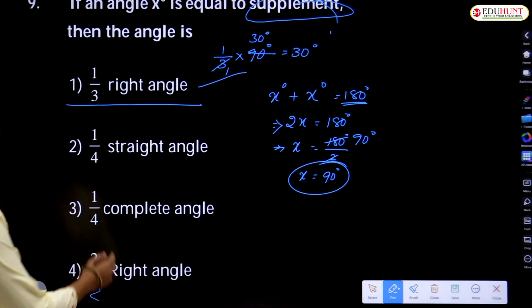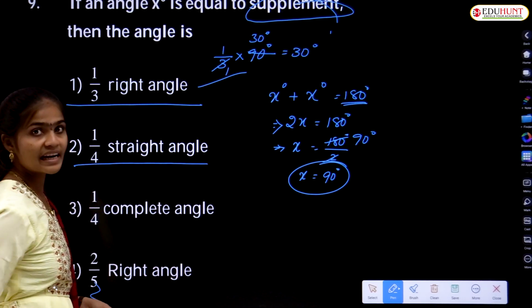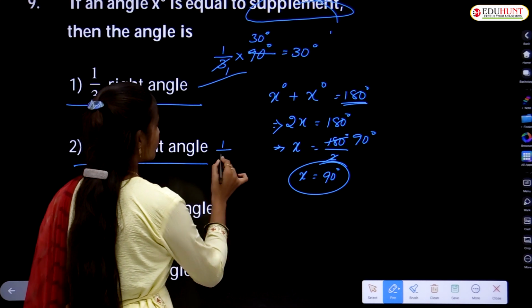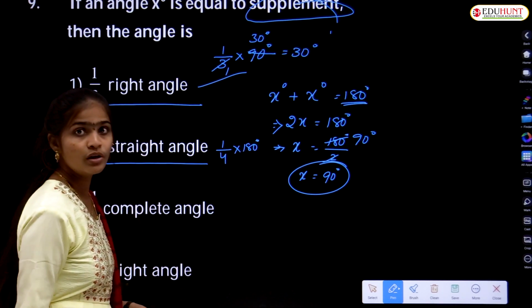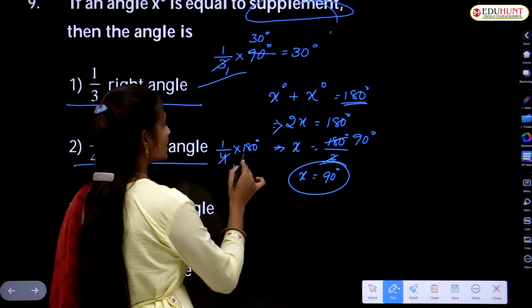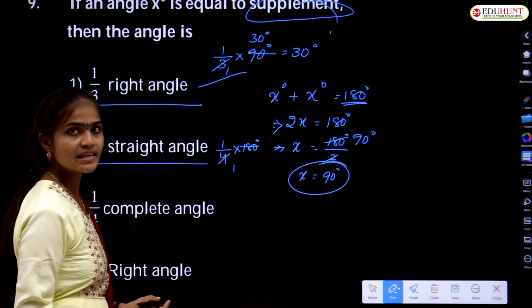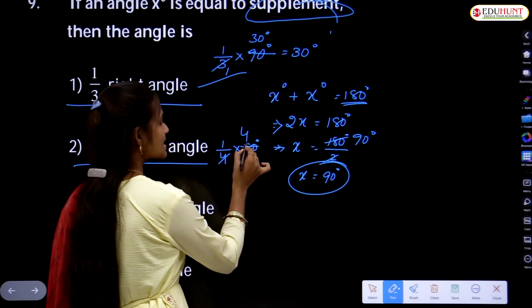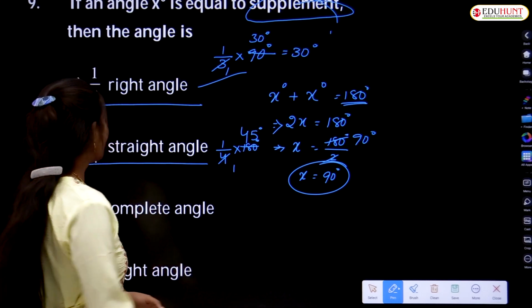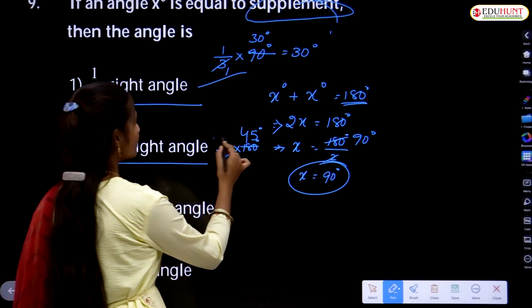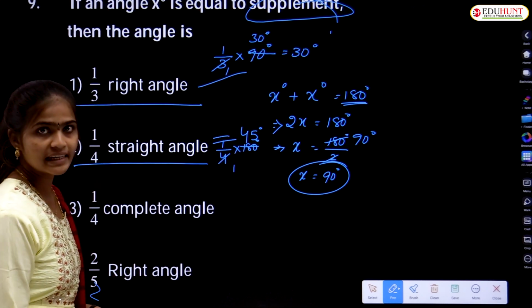Next, 1/4 of a straight angle. A straight angle is 180 degrees. 1/4 of 180 degrees, four fours are 16 and four fives are 20, which means 45 degrees. So 1/4 of a straight angle is 45 degrees.